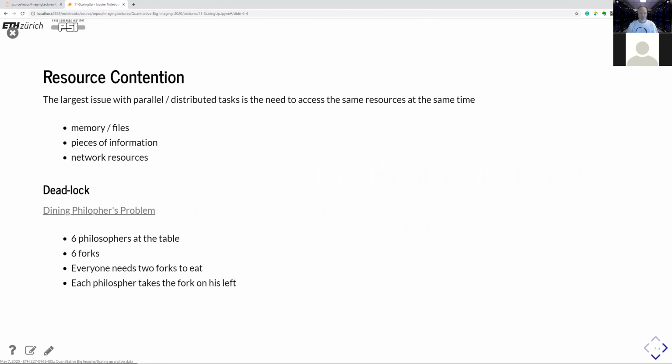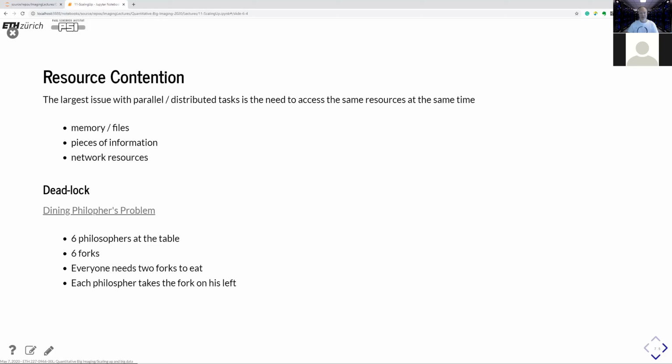I already mentioned that one very large issue with parallel and distributed computing is the need to access the same resources at the same time. So we have memories and files, pieces of information, network resources, and then we come to something called deadlock, because everybody can read, but at the same time, two processes are not allowed to write at the same spot.